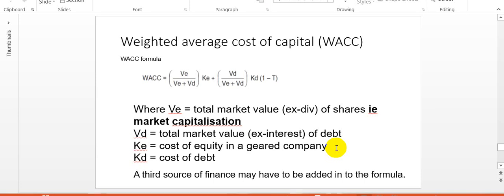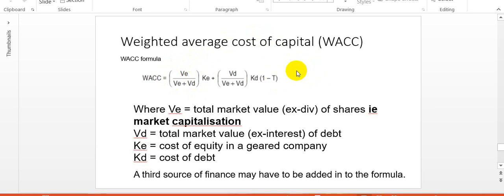If there are more than two sources of finance, some questions will give you 3 sources of finance, then you need another one of this to be added this side. So you need another plus.